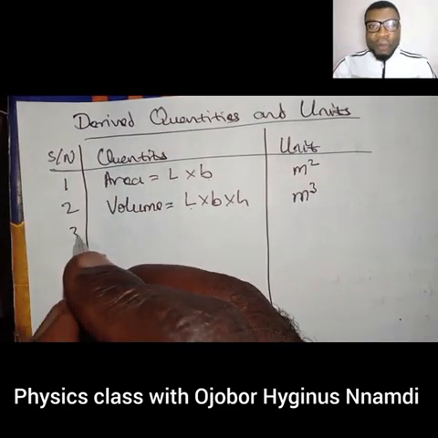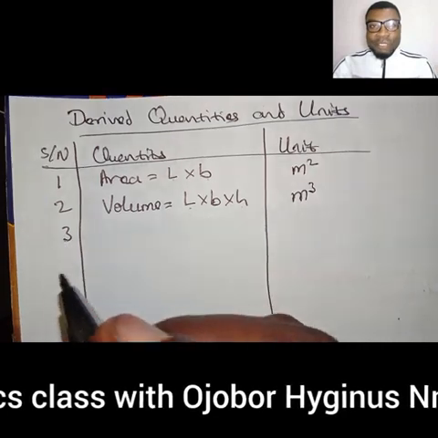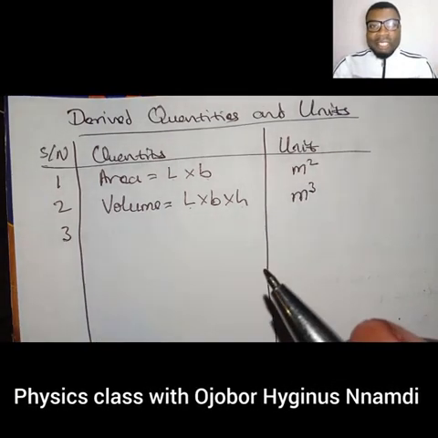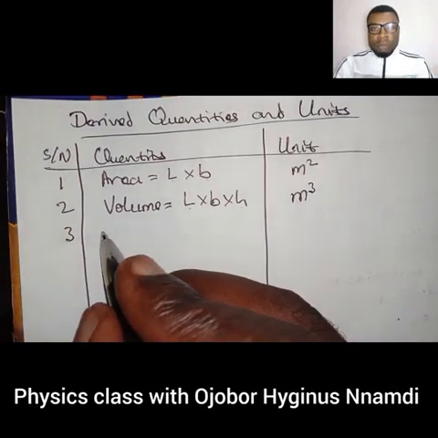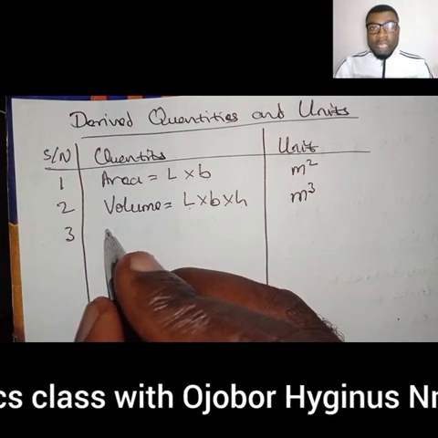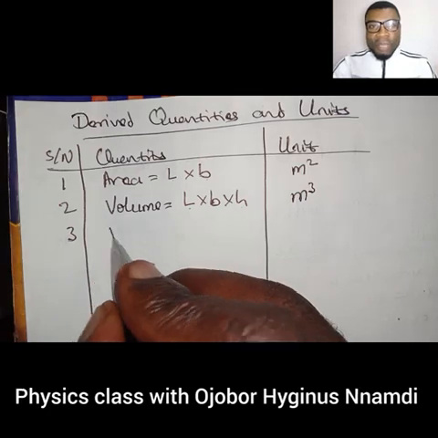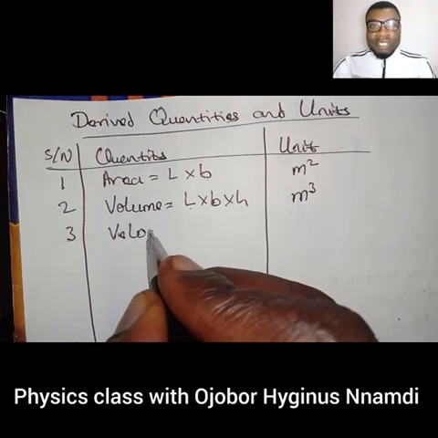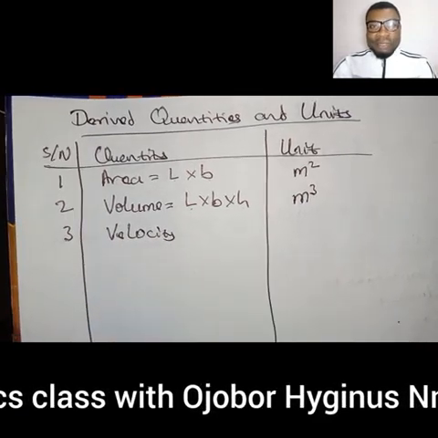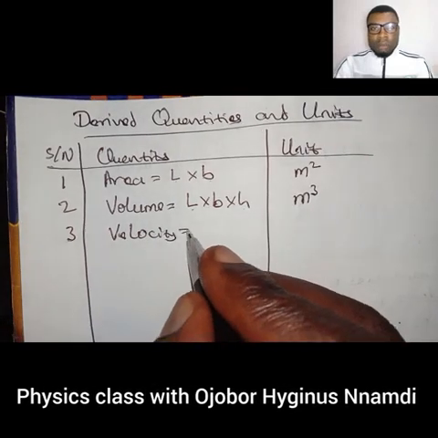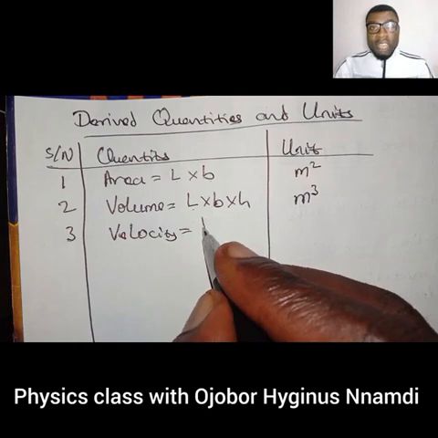Then we look at another physical derived quantity. Let's say velocity. For instance, velocity is a derived quantity which by definition is displacement over time.